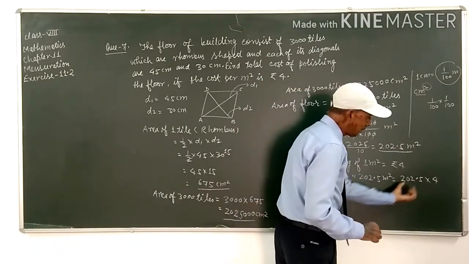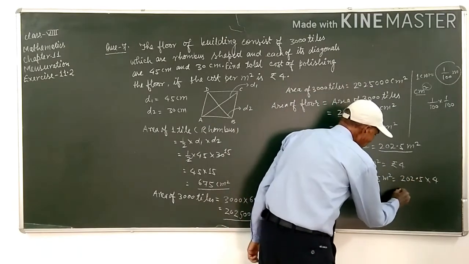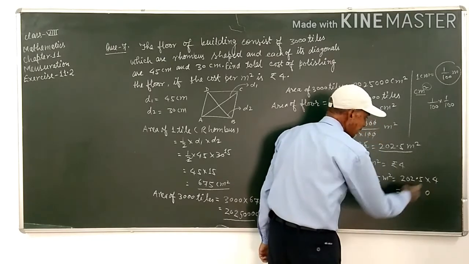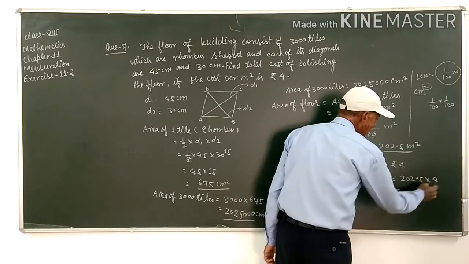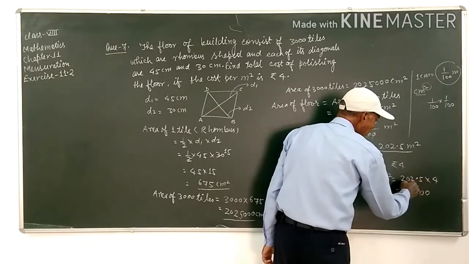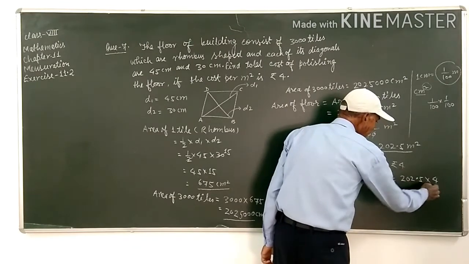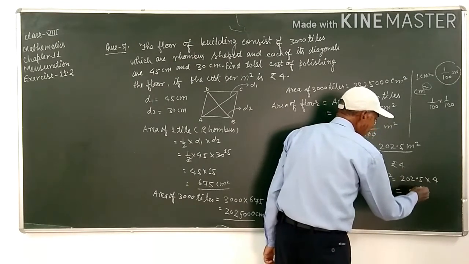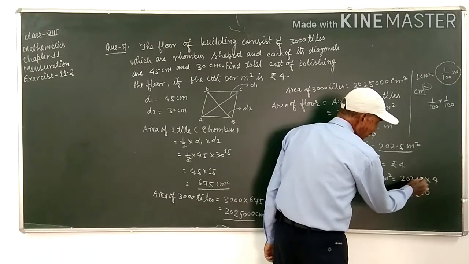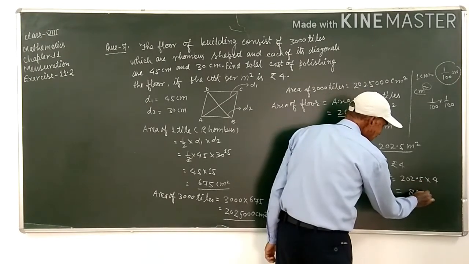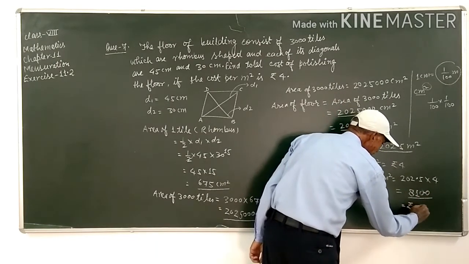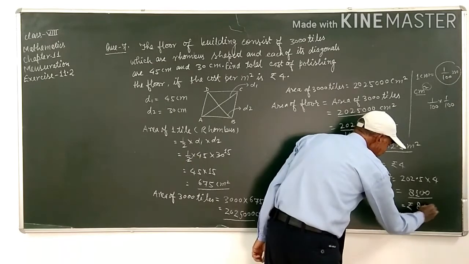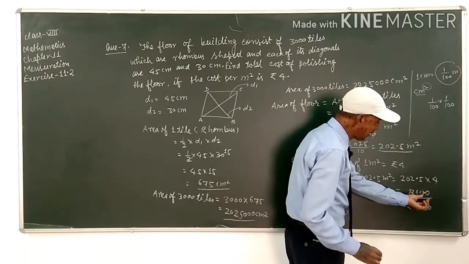We will multiply it by 4, students. So 4 into 5 is 20, that is 0, carry 2. 4 into 2 is 8 and carry 2, that is 10, 0. Then 4 into 0 is 0 and carry 1, that is 1, and 4 into 2 is 8, and one decimal place after the decimal, that is 810.0, it means ₹810. Students, this is 810.0.